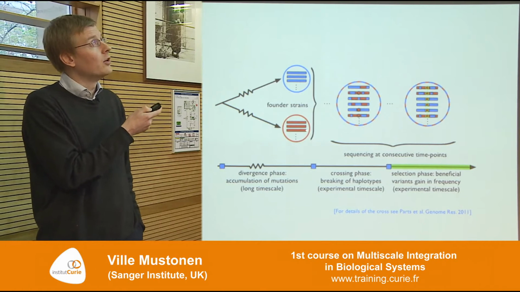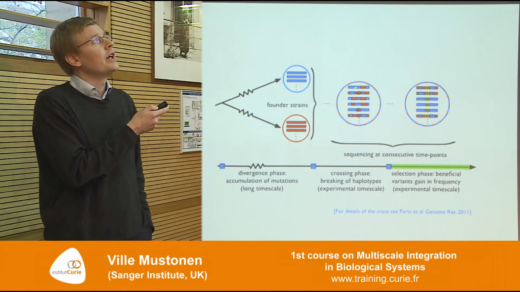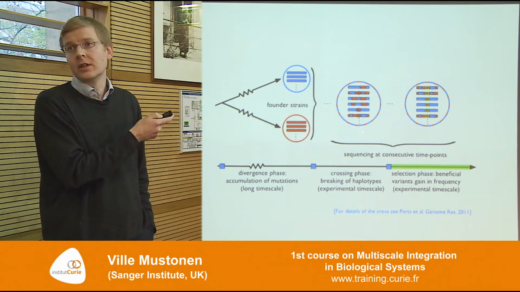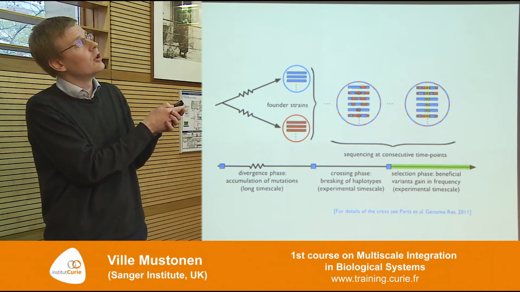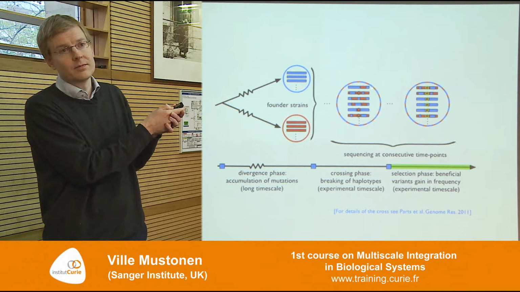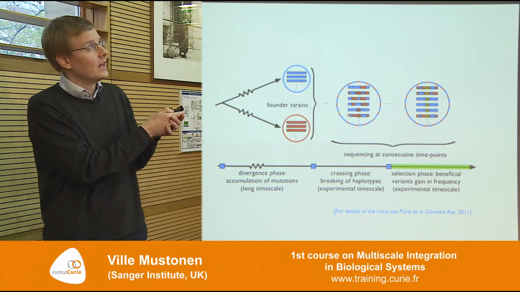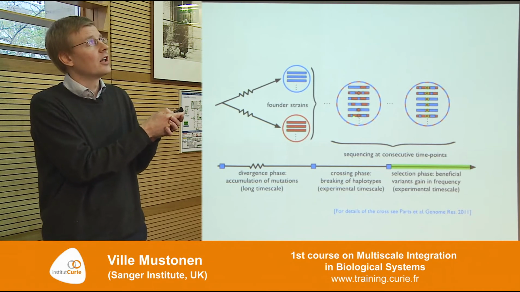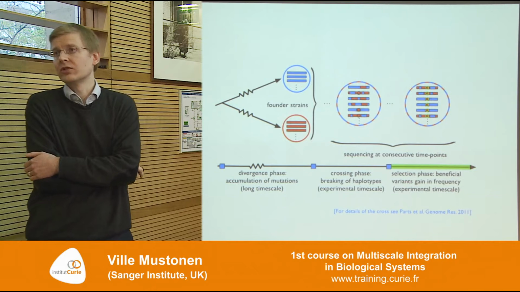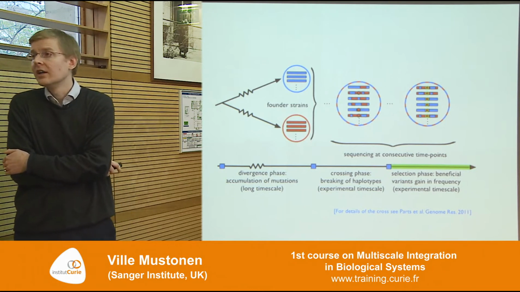And by doing so, you can create a pool of offspring where individual genomes then consist of segments from both of the parents. So you can see here blue and red coming from these parents. And you can make this kind of a multi-generation cross. It's called advanced intercrossed line.